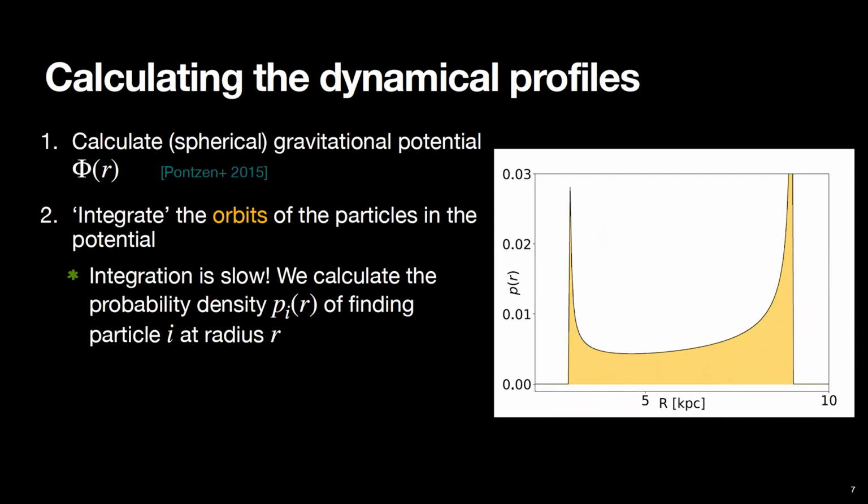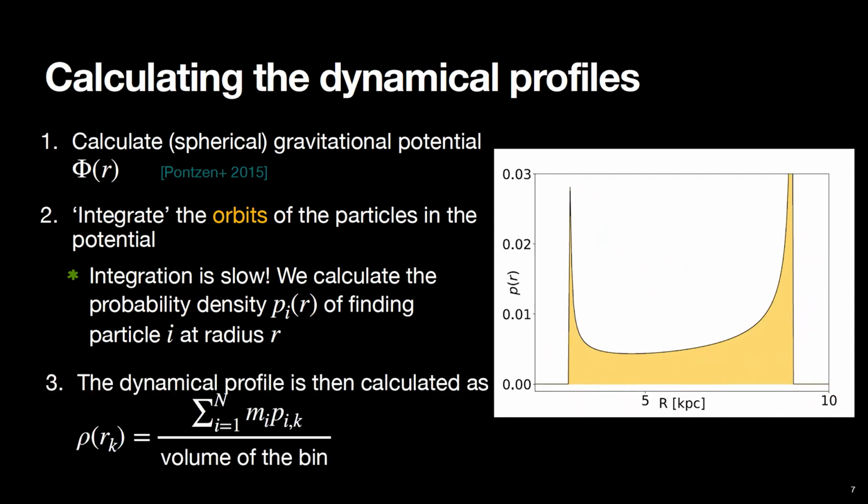We do this for each one of the particles in our snapshot. Then to find the dynamical density, we add up all the probabilities, multiply by the mass, divide by the volume, and you get a first estimate of your dynamical profiles.